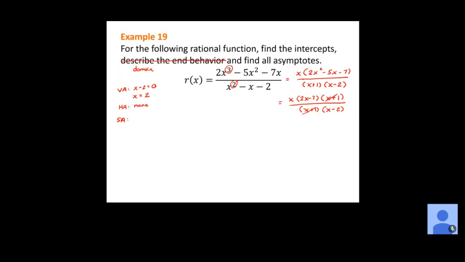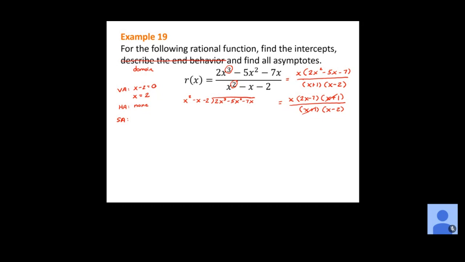Good. So I'm going to take what's on the bottom here and put it on the outside. So we have x squared minus x minus 2. And on the inside here, I'm going to put the 2x cubed minus 5x squared minus 7x. And if you want to put a 0 down there at the end, you can. I don't think we're going to need it because I think we'll get what we need without it.